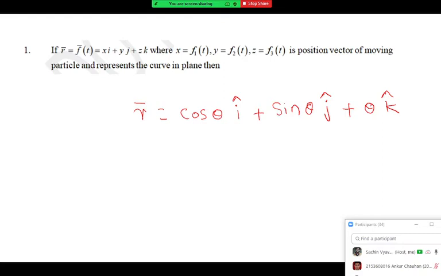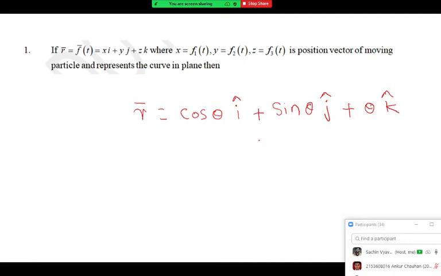Now if you observe, theta is a parameter which is used in xyz form. So the value of x is cos theta, the value of y is sin theta, and the value of z is just theta. And this is the vector equation of a three-dimensional curve.